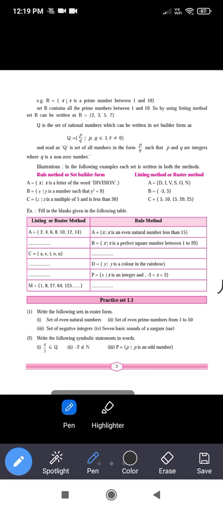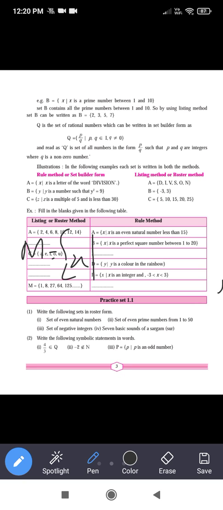This can be written as: set M is the set of all x, where I have taken x for all these elements, and x is equal to n cube, because these are the perfect cubes. So x is equal to n cube, or cube of n.